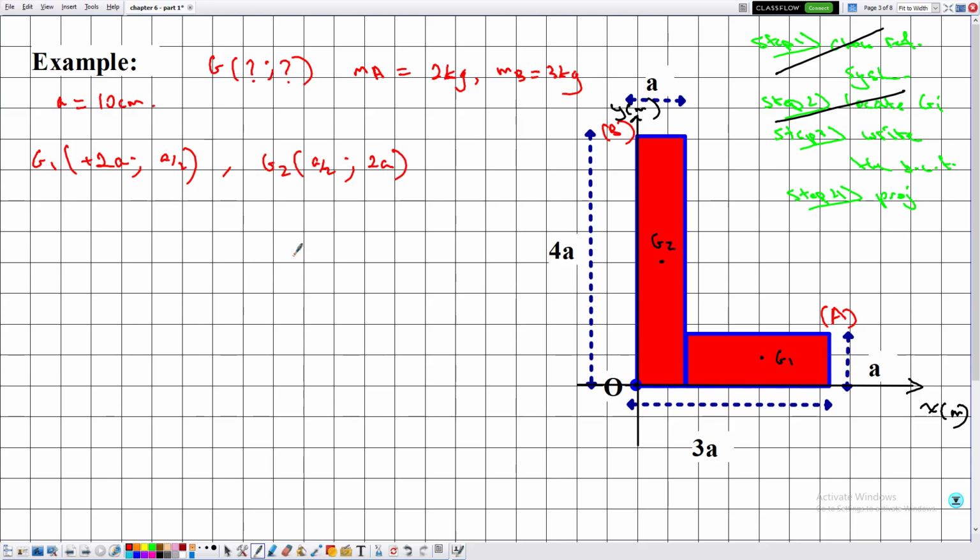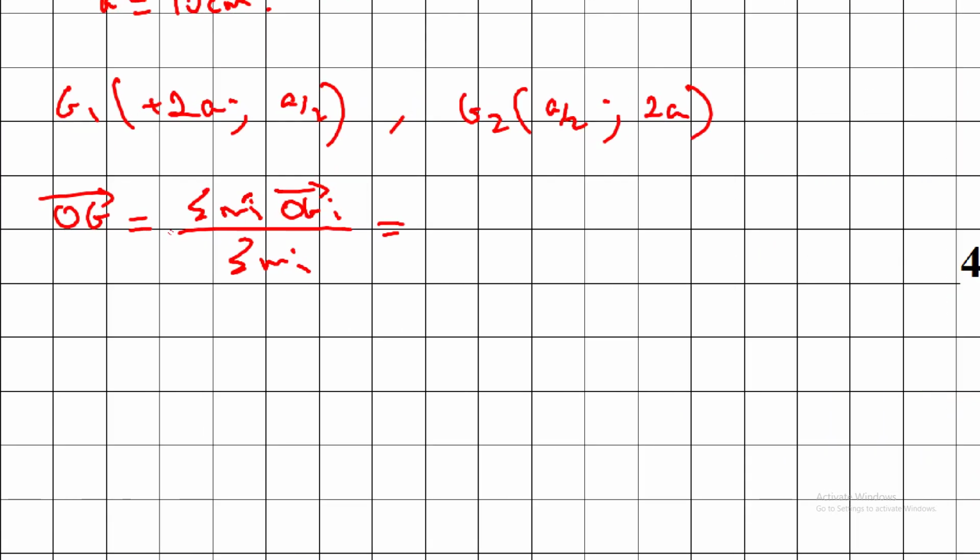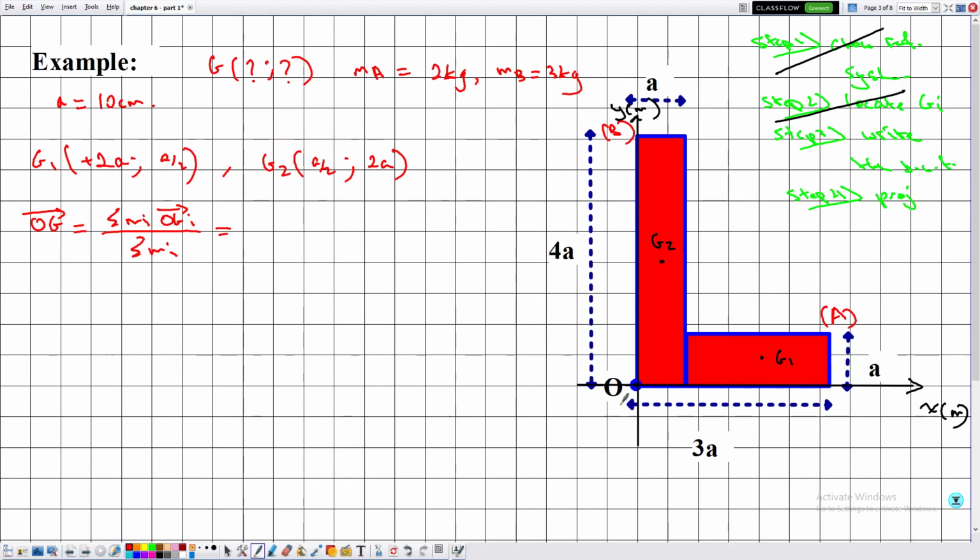Now we are ready to apply the barycenter formula, which is given by OG is equal to summation of mi OGi divided by summation of mi. So here i, we are summing over the number of objects we have. We have 2 objects, so it's simply given by m1 OG1 plus m2 OG2 divided by m1 plus m2.